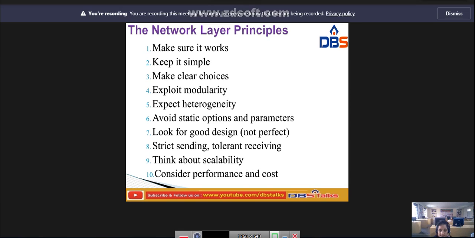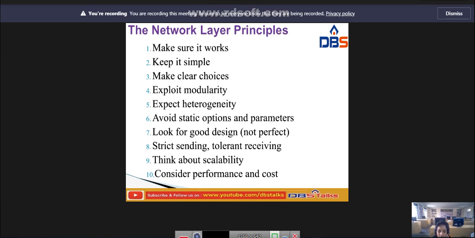So next, the 7th one, look for good design. Now it need not be perfect. Often the designer has a good design, but it cannot handle some weird special case. Rather than messing up the design, the designer should go with the good design and put the burden of working around it on the people with the strange requirements.